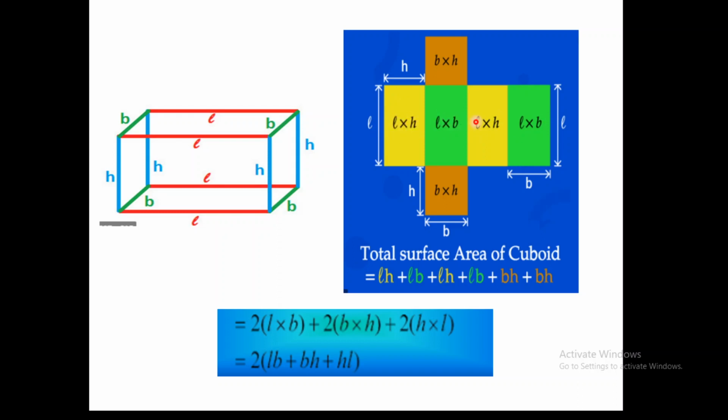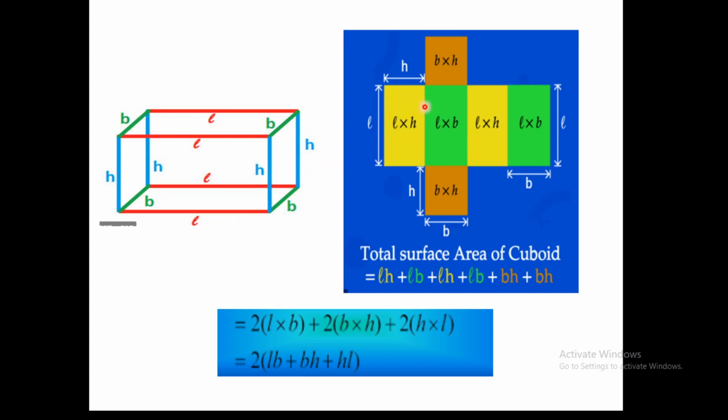If you take these faces, look at this yellow face. Opposite faces are identical rectangles. Then this gray or brown color are identical and opposite, right? So the 3 pairs come.